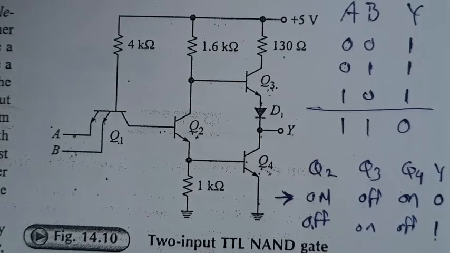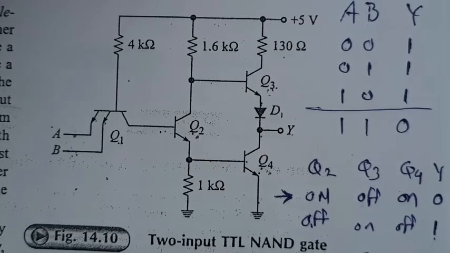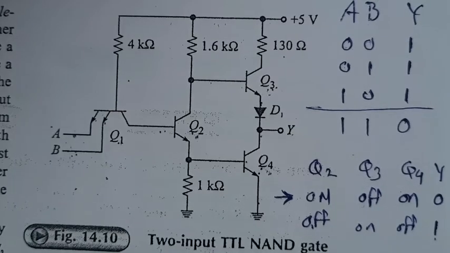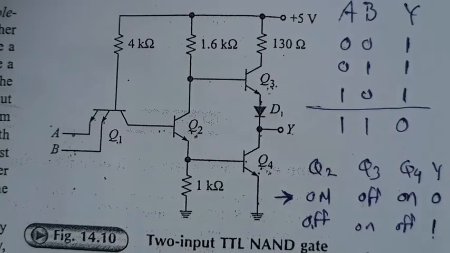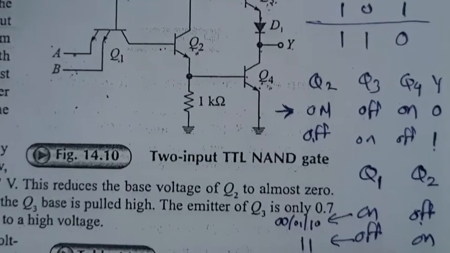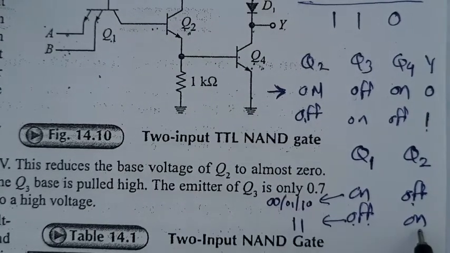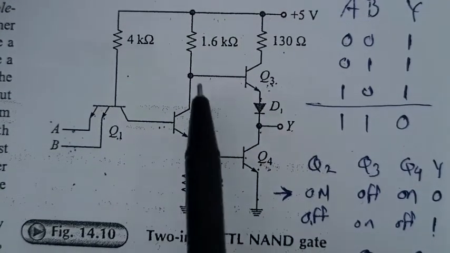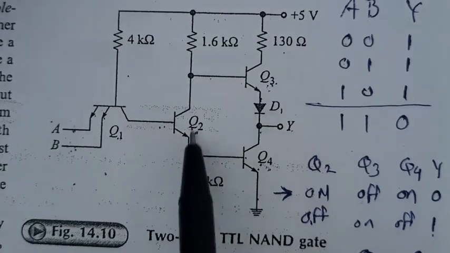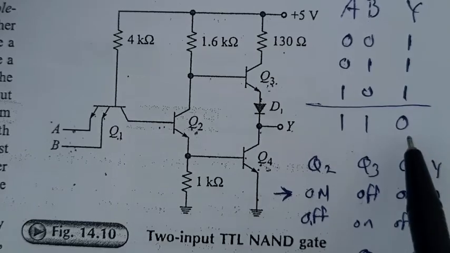Typically the first case will happen for A and B to be 0 0 or 0 1 or 1 0, and this case will happen if A and B are 1 1. That means if A and B both are 1 1, transistor Q1 will be off, Q2 will be on, and as transistor Q2 is on, the current will flow towards transistor Q4 to make it on, and as it is on, the output will be 0.